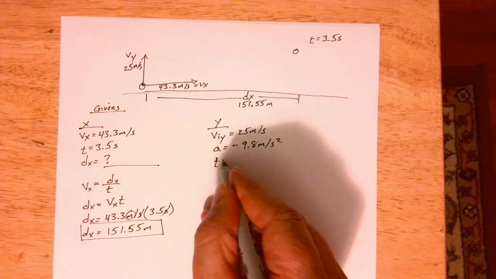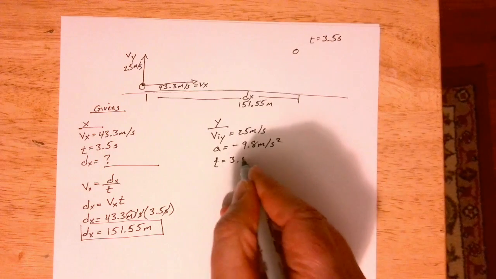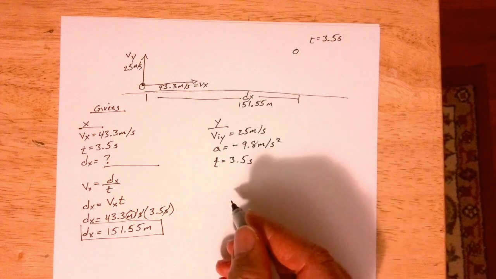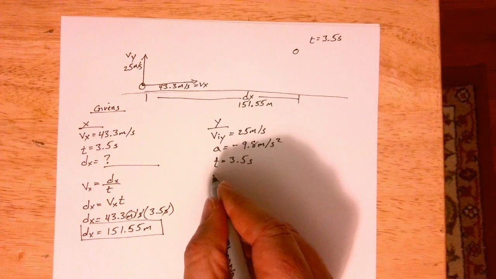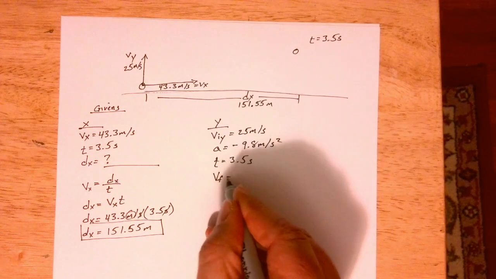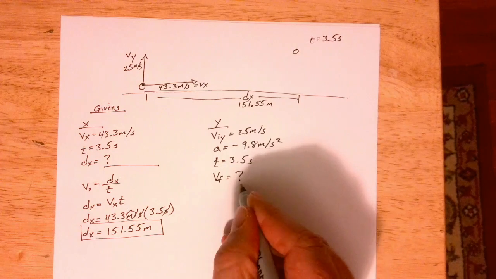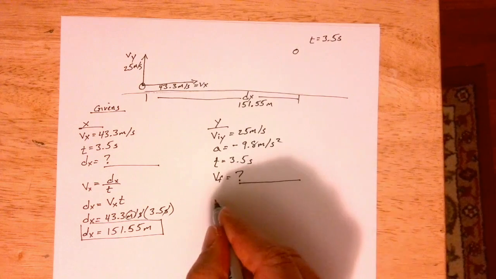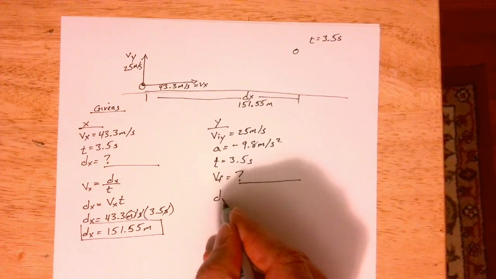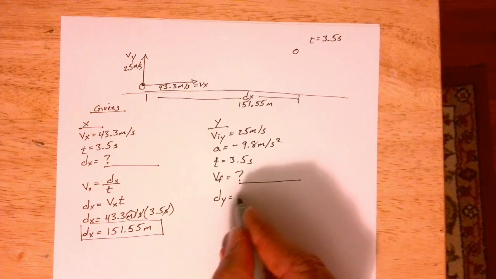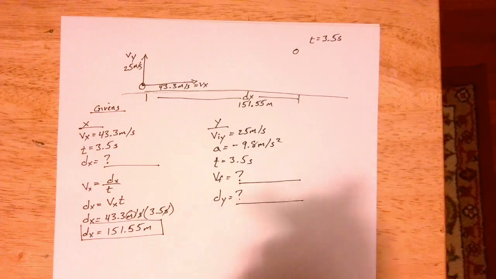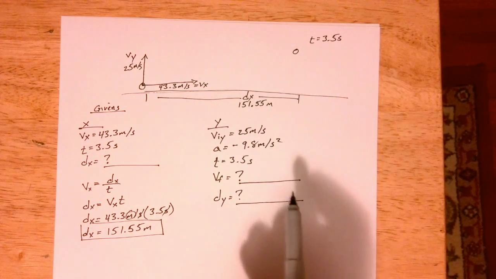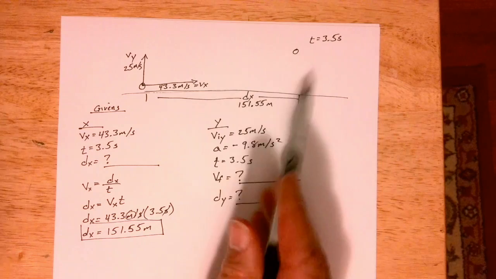And we have a time of 3.5 seconds. So basically, we want to know what its final velocity in the y direction is, and what the distance in the y direction is. What's the vertical component of it? And then ultimately, we'll find out also what direction it is going at that point in time.